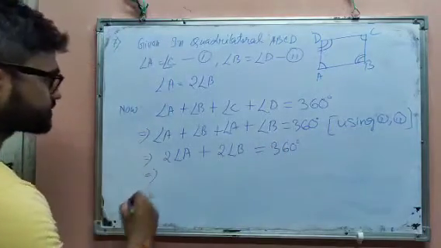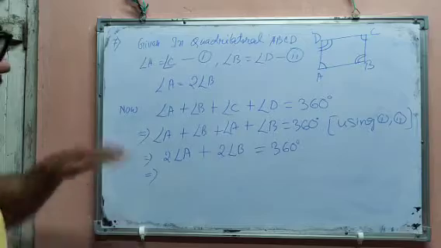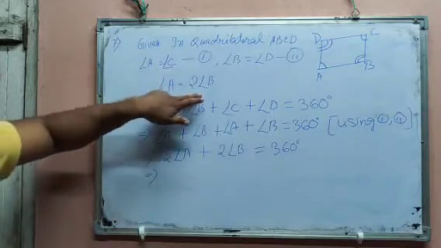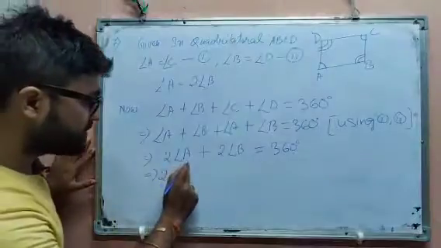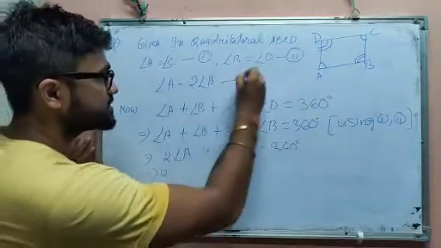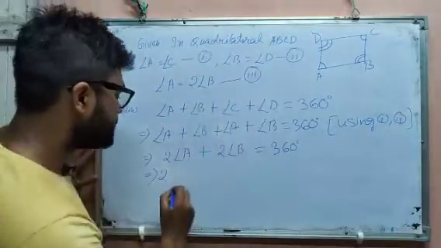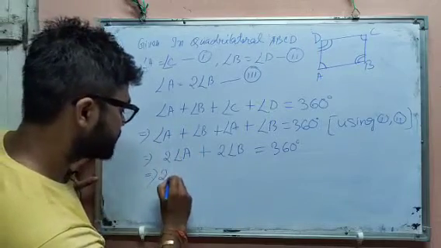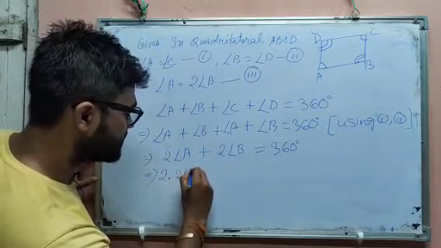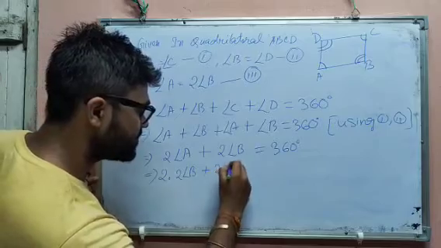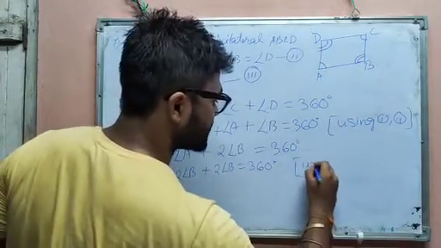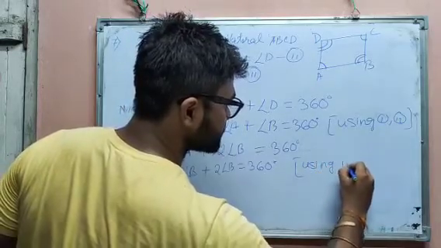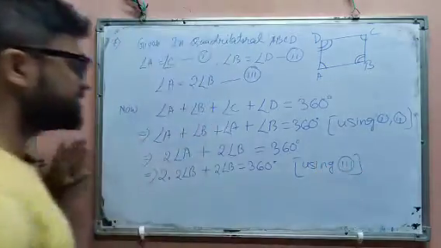Okay. Now the condition is angle A equal to twice of B. Give this equation number 3. In place of angle A you can write 2 into twice of angle B plus twice of angle B equal to 360 degree, using 3.